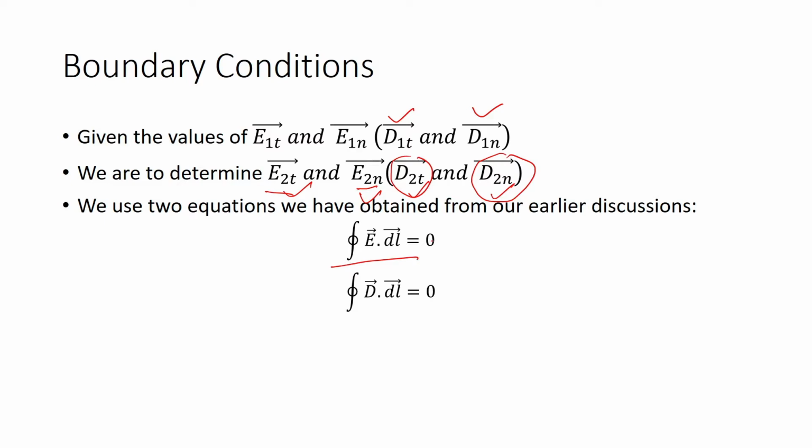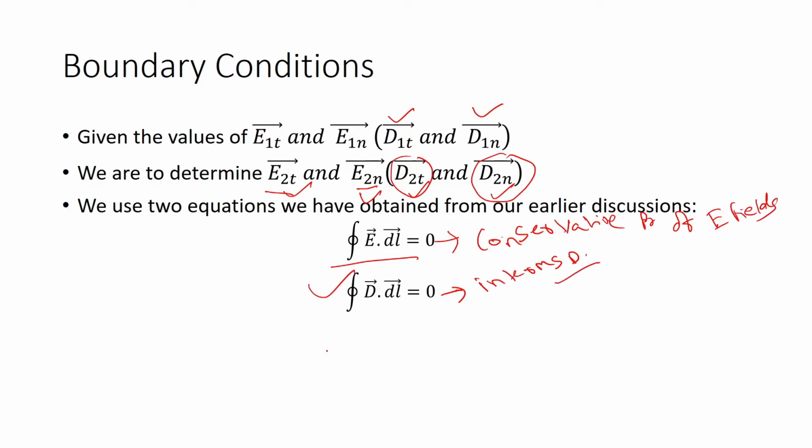You may see this to be the conservative property of electric fields, and this is the same but written in terms of electric flux density. This equation still holds good.